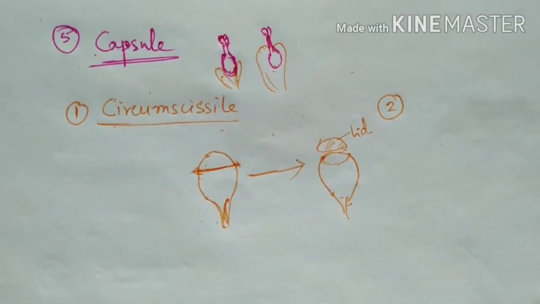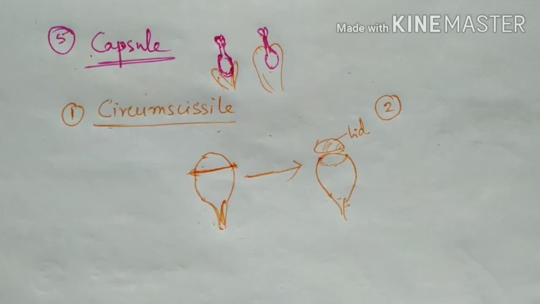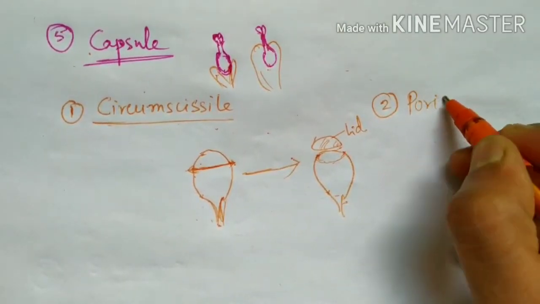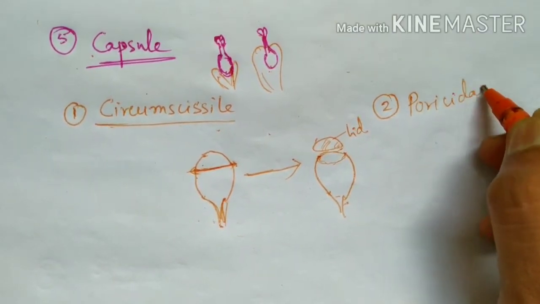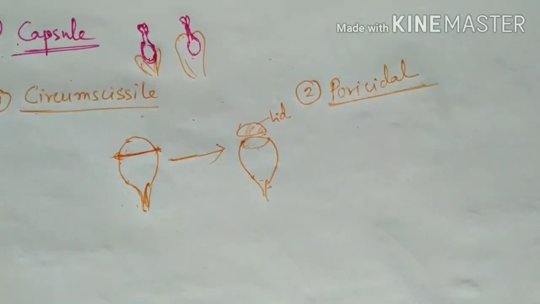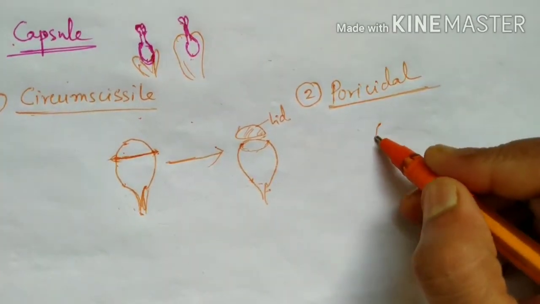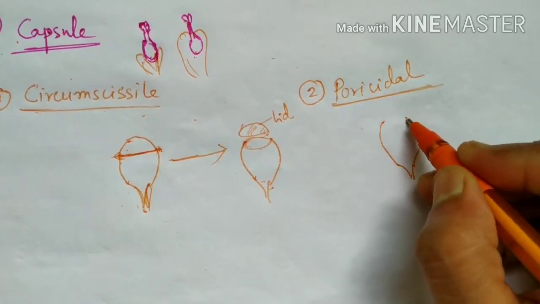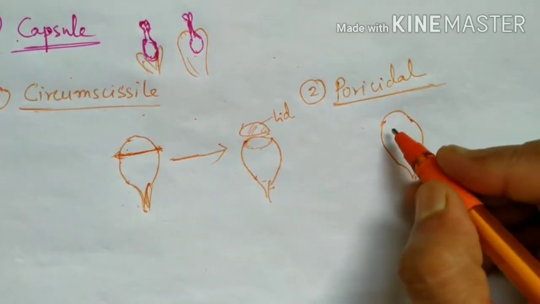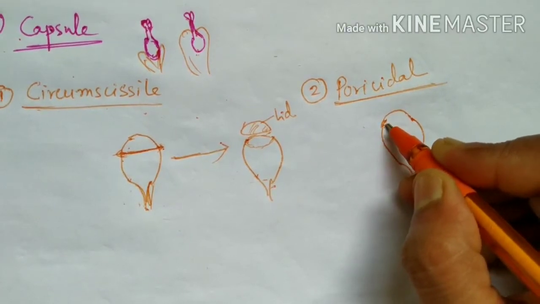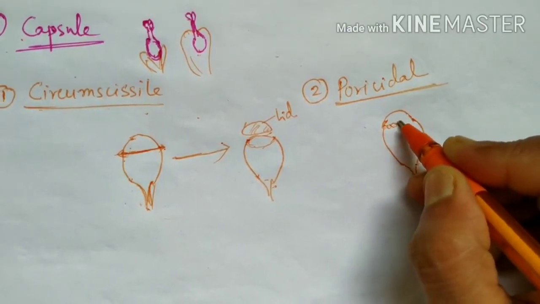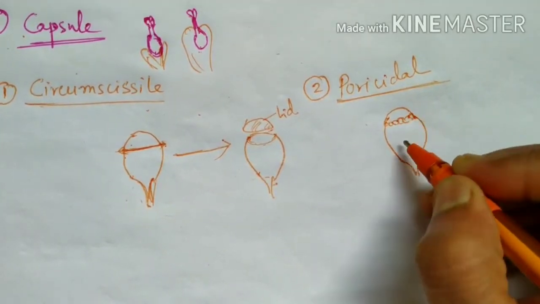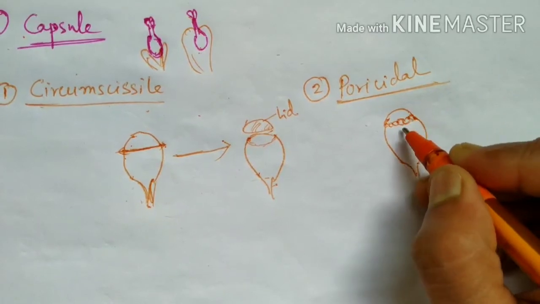Now next type is poricidal. So in this type the fruit breaks through terminal pore. So this is the fruit, okay, and here terminal pores are present, and through this terminal pore the fruit breaks its pericarp.